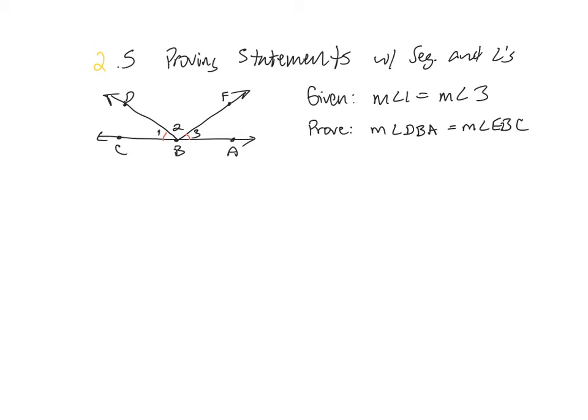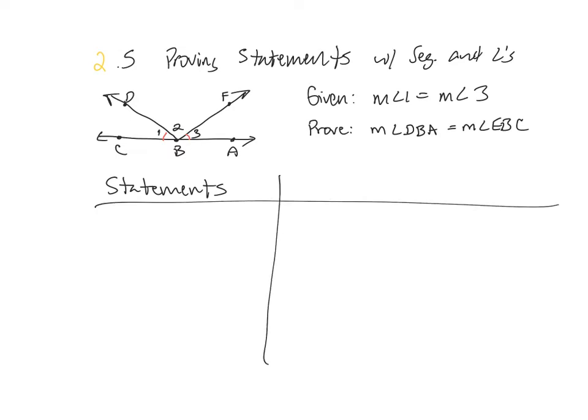So when we do a 2-column proof, we have statements on one side and reasons on the other. Now, reasons can be a bunch of stuff.